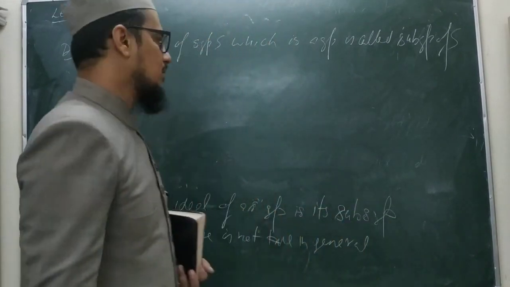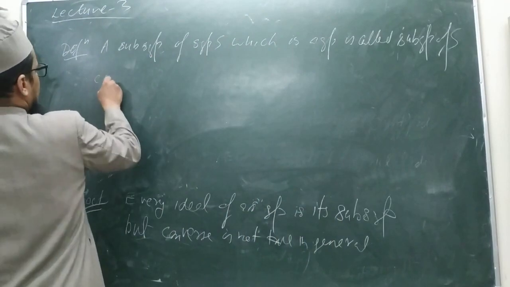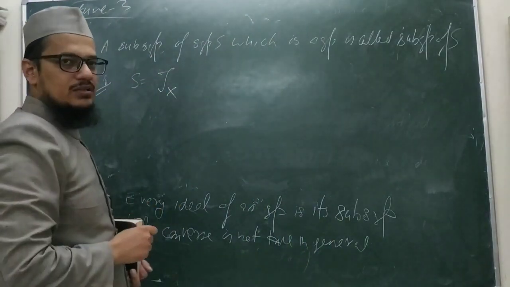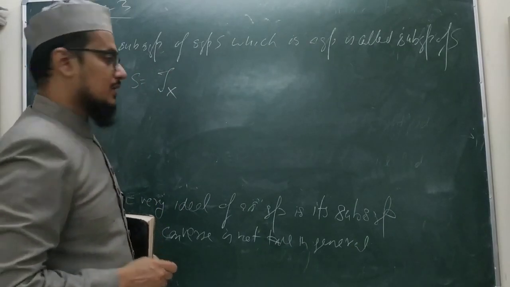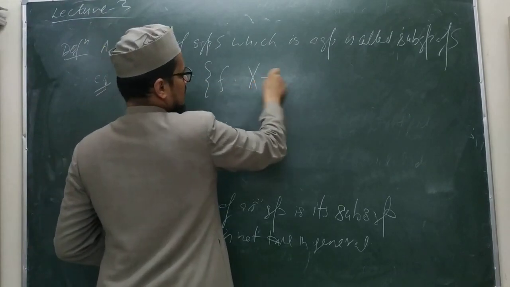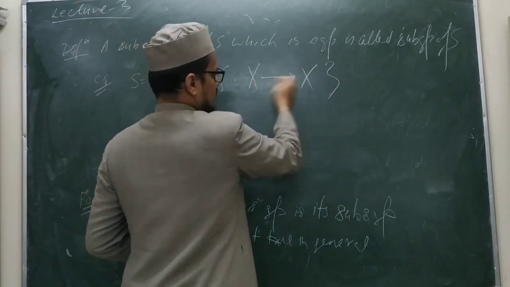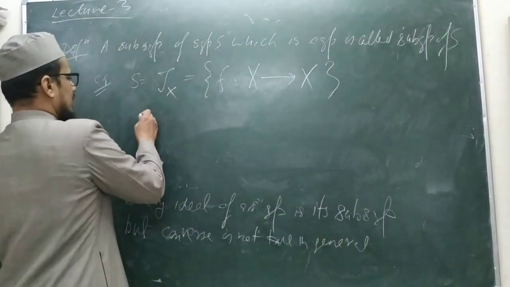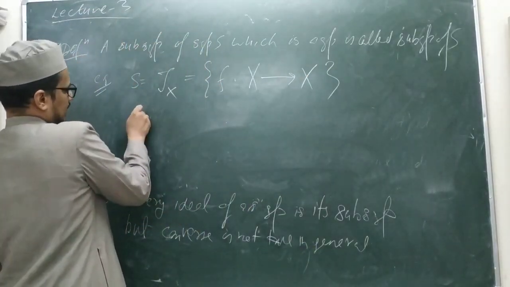And what is the example? For example, you can say that S is a full transformation semigroup, that is, all functions from a non-empty set X to X. This is a full transformation semigroup, and what is the subgroup?